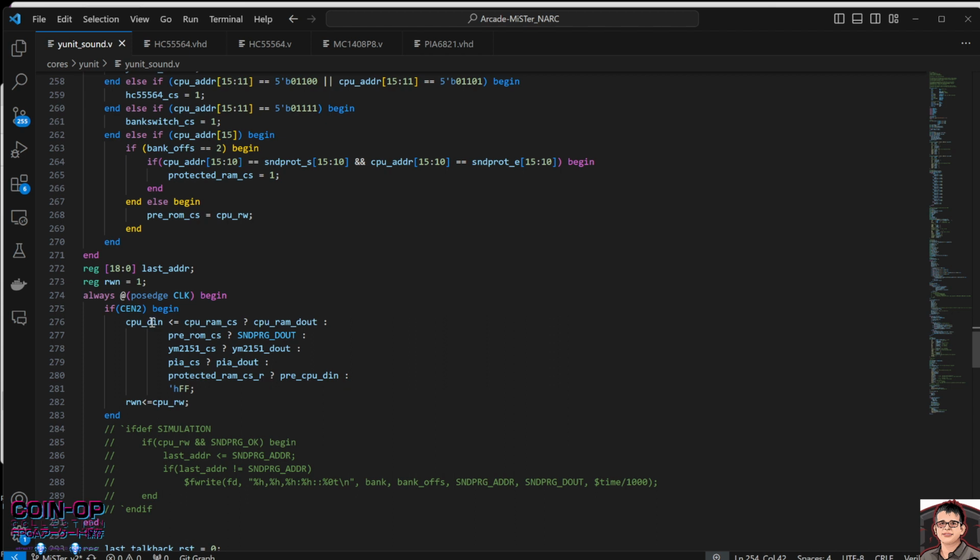Usually when I do the CPU DN, I will use a clock enable, because CPUs run at a particular speed, right? When you're giving data back into the CPU, if you're running too fast, the same thing gets repeated multiple times.